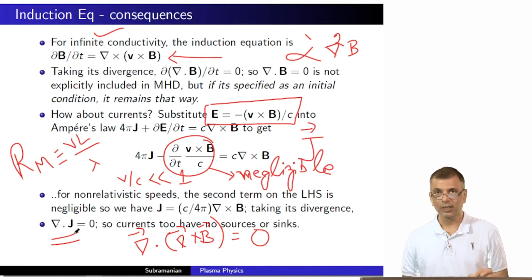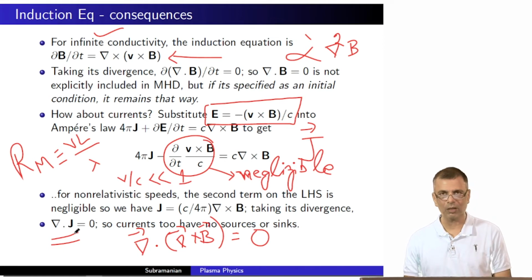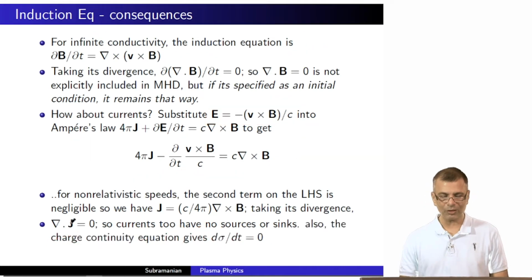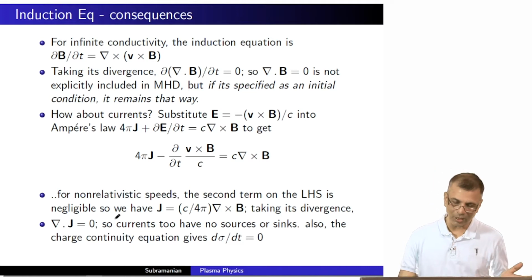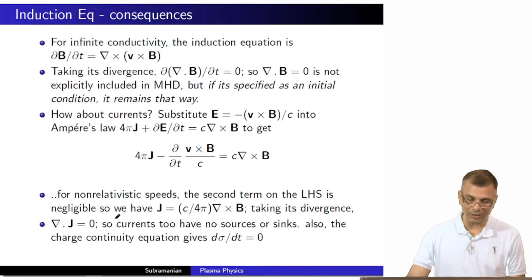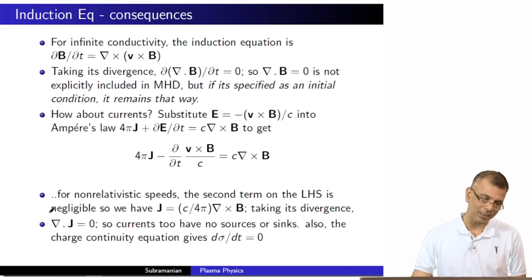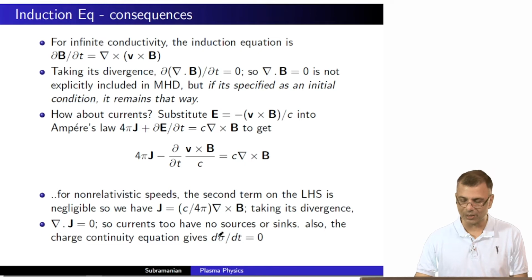This is something that we need to keep in mind very clearly, because this is one of the curious aspects of magnetohydrodynamics. We will see why, right? So the divergence of J is equal to 0. So the currents have no sources or sinks. And the other thing is the charge continuity equation, which essentially said that divergence of J plus d sigma dt was equal to 0.